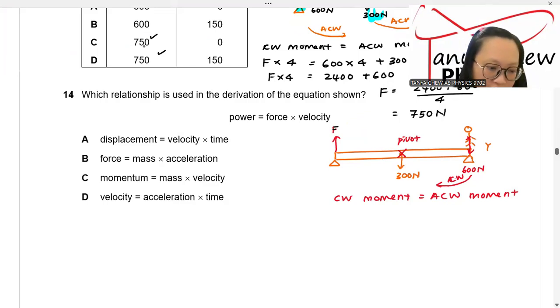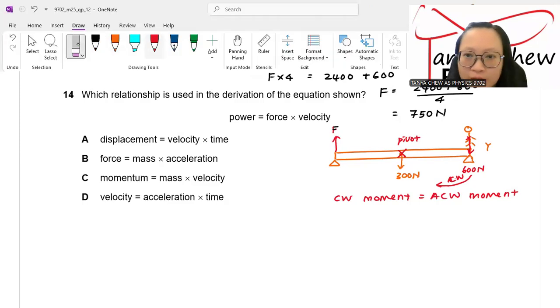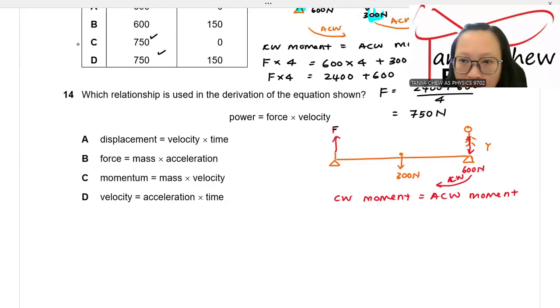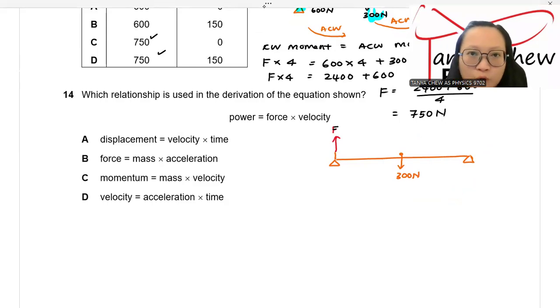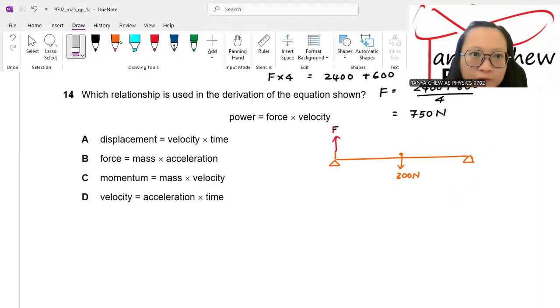If I set my pivot at this point, why not set my pivot at this point, which is easier? Because I don't get to use the principle of moment here, and I really want to use the principle of moment.